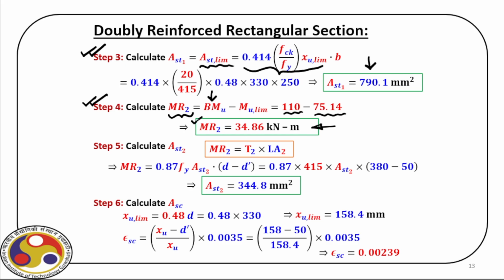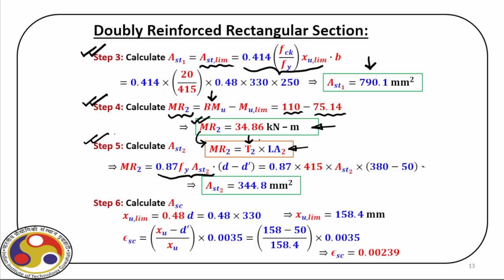Now we have MR2. So in step 5, we can calculate AST2 just by equating this force with the moment caused by this T2. So MR2, which is 34.86 kilonewton meter, will be balanced by this quantity 0.87 Fy AST2 times D minus D prime.